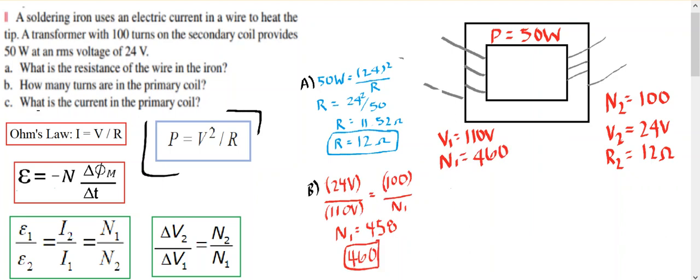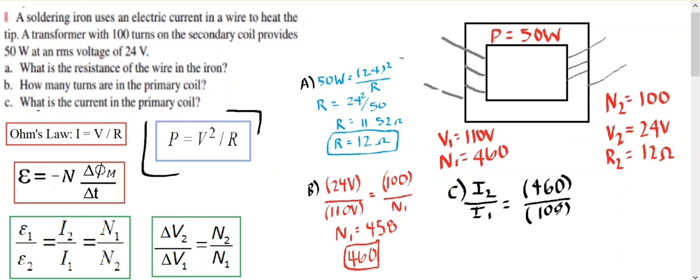The last question we are asked, in part C, is, what is the current in the primary coil? We can then use our one last ratio, that the current in each of them is proportionate to the number of turns in each of them. Now you may be noticing we're missing 2 variables.